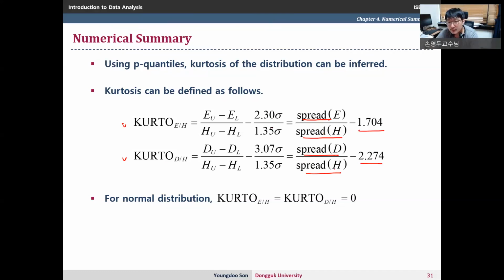So we subtract these values from the ratios so that the kurtosis of the normal distribution becomes 0. We use this formula to compare whether the distribution is high-peaked or less peaked compared to the normal distribution.